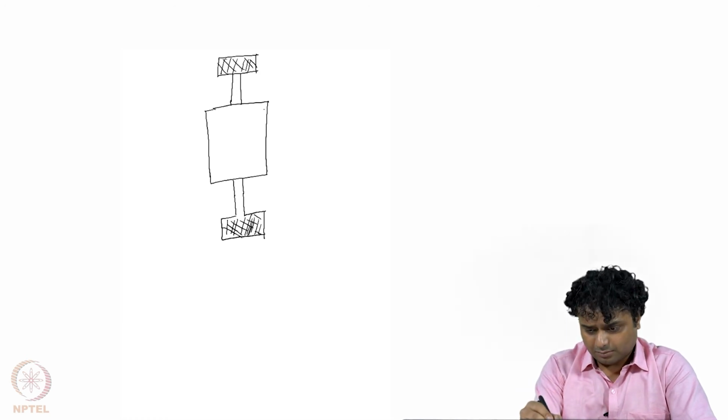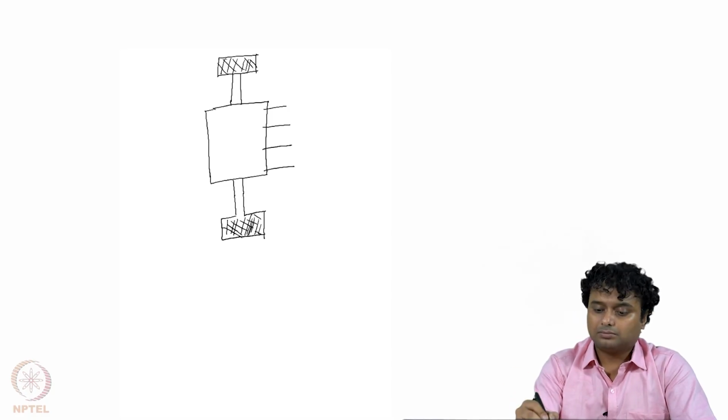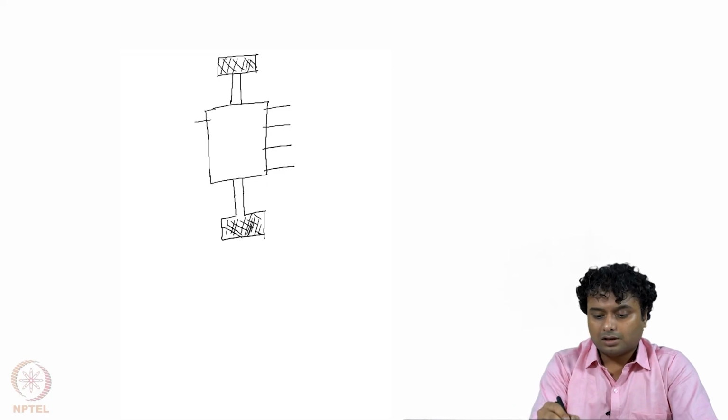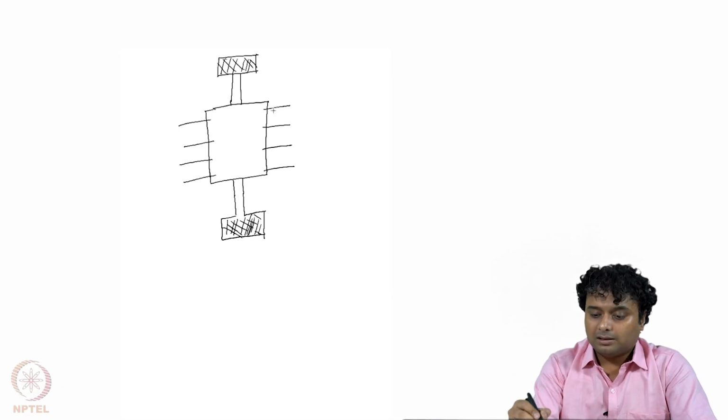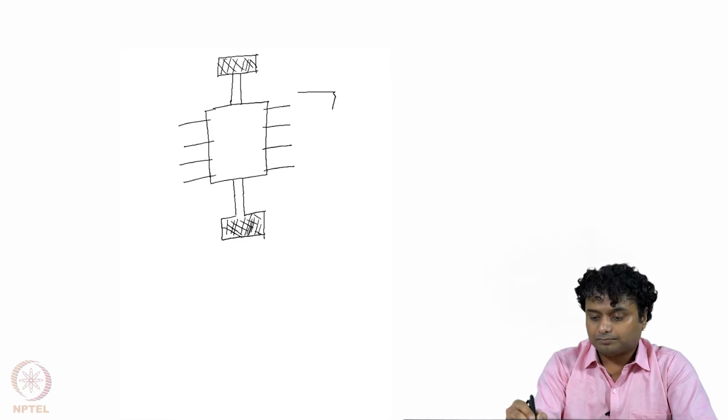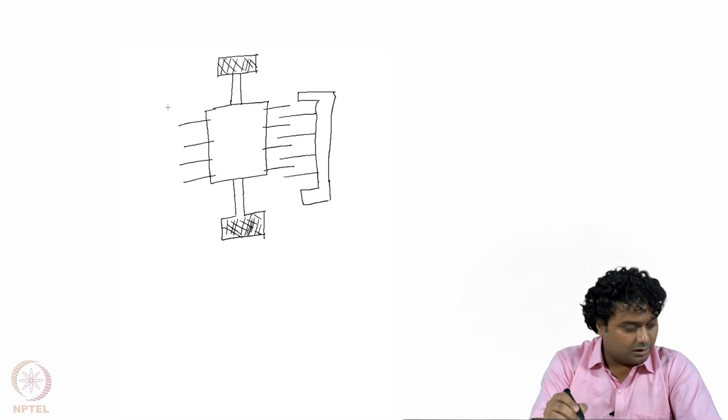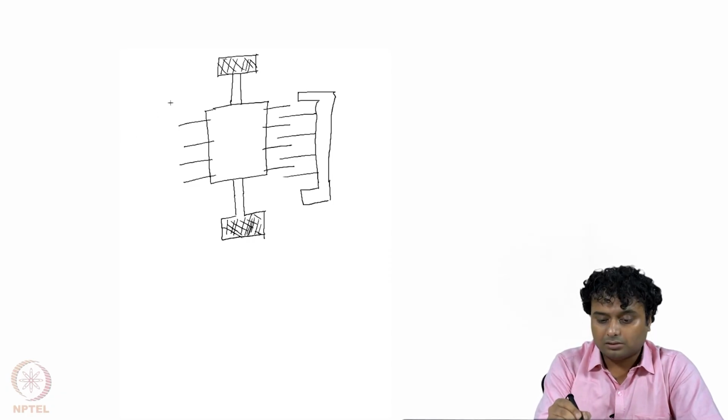Now there are some comb kind of structures connected to both sides of the proof mass, right, and these are like fingers, and then we have some static fingers also. So a similar kind of structure is present on the other side also.